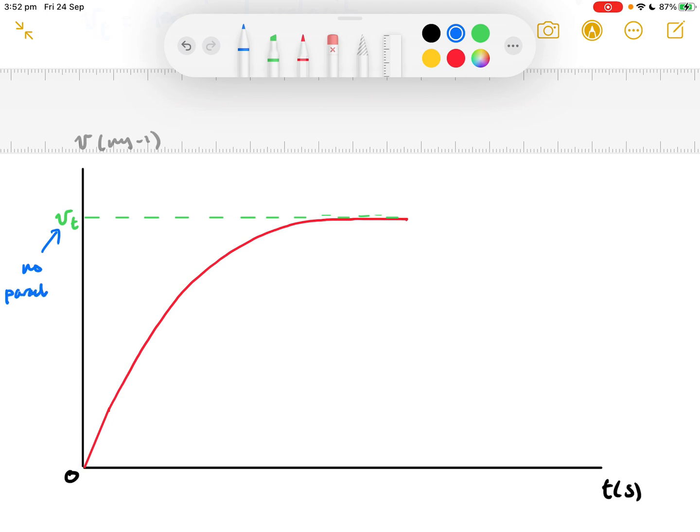Okay, so there's his terminal velocity, no parachute.